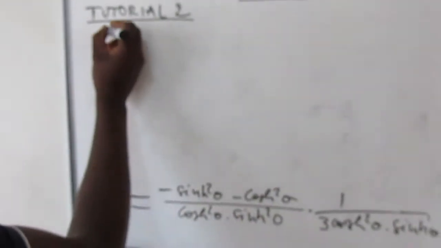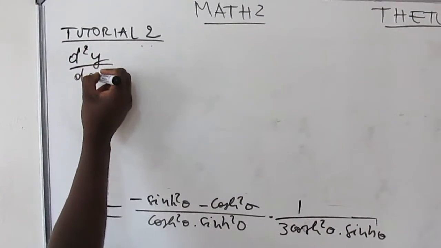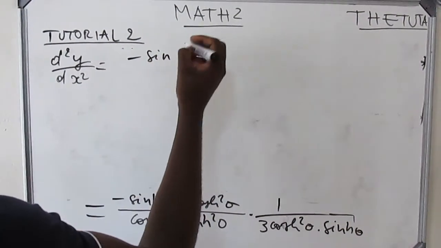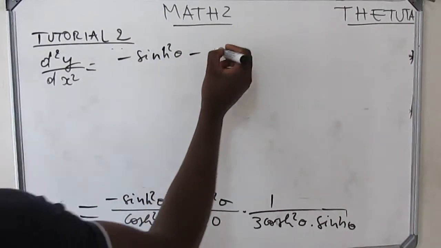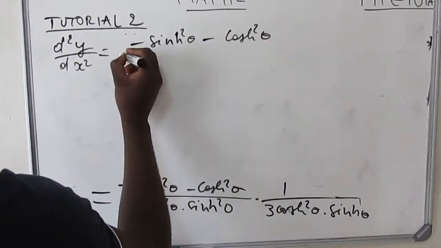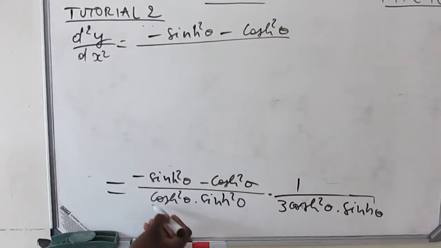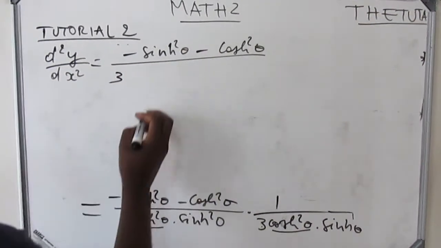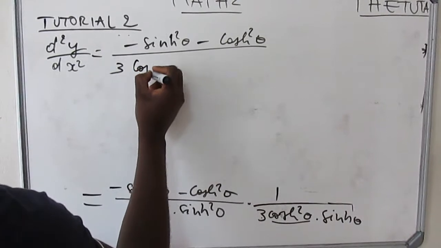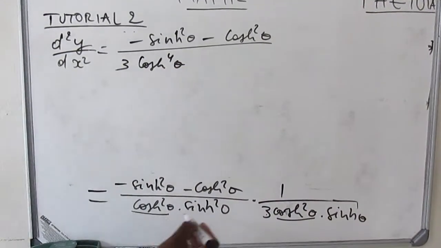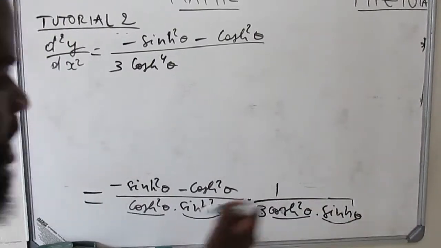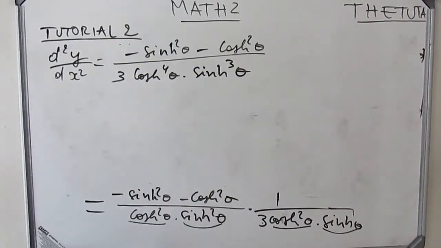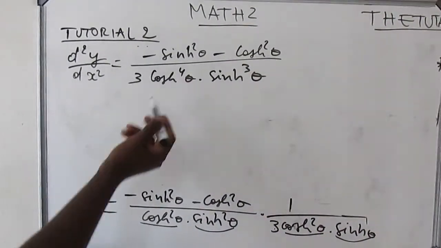So the second derivative will be this multiplied by 1, we still keep this, sinh squared of theta minus cos squared of theta over, now we multiply this, cos squared and cos squared, we have multiplied by 3, we start with the 3, cos squared multiplied by cos squared is going to be cos to the 4 of theta, then sinh squared of theta multiplied by sinh of theta is going to be sinh cubic of theta. Okay, so this is the second derivative.